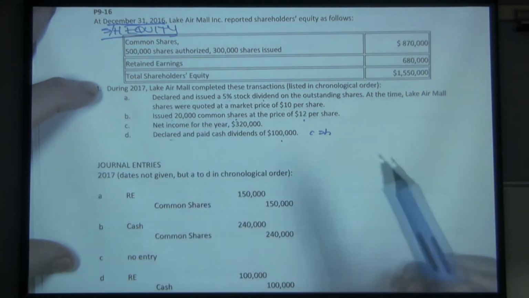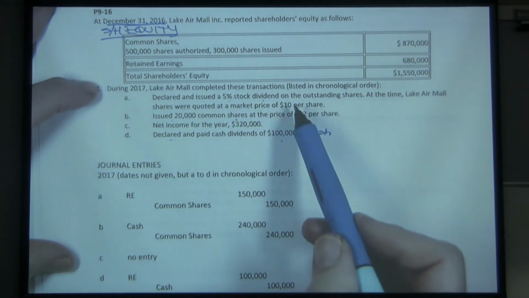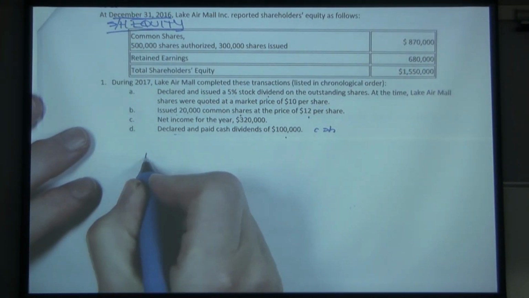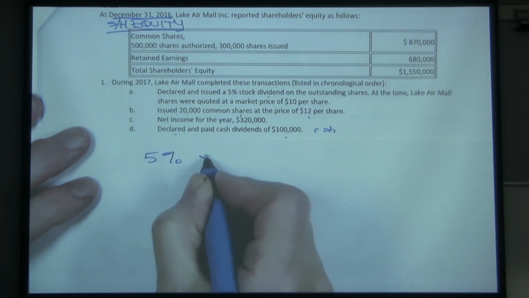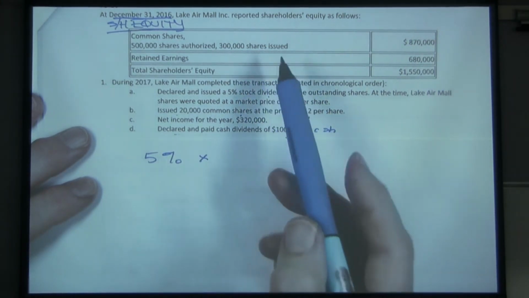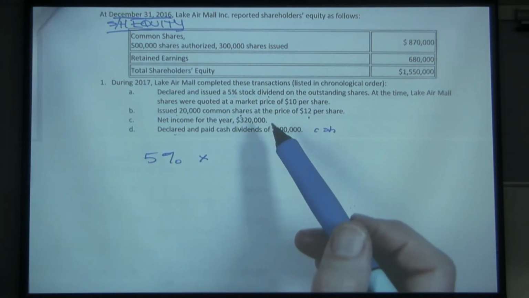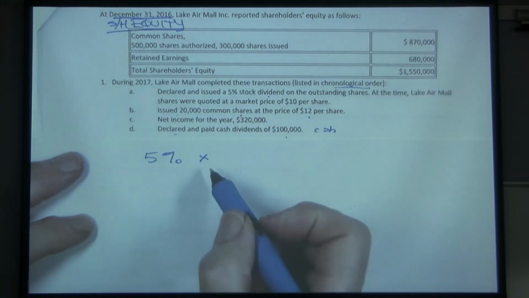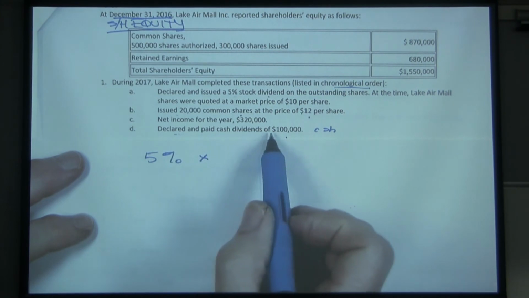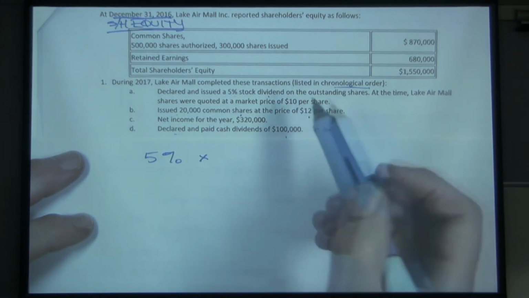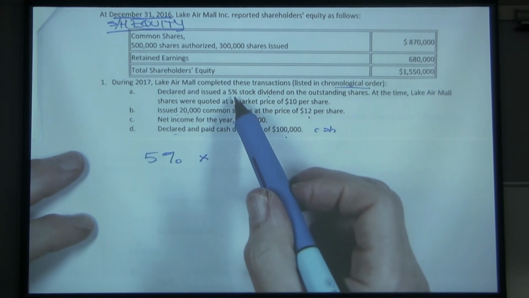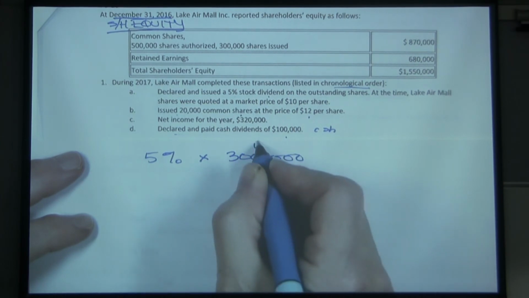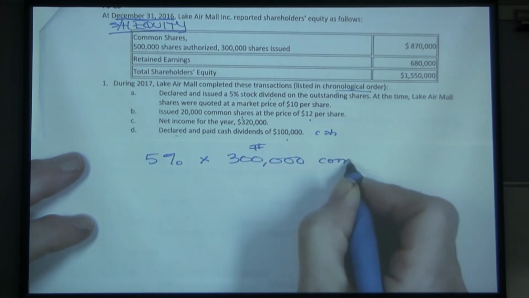Okay, so let's look at our stock dividend first. For our 5% stock dividend, we do the calculation here. We're going to take 5% and multiply by the number of existing shares. We don't have dates for these items, so we're going to assume that they happen in chronological order. So the stock dividend was first. That will matter when it comes down to paying the cash dividends, but our amount is given. Our stock dividend is 5% of 300,000 common shares. Again, this is the number of common shares.